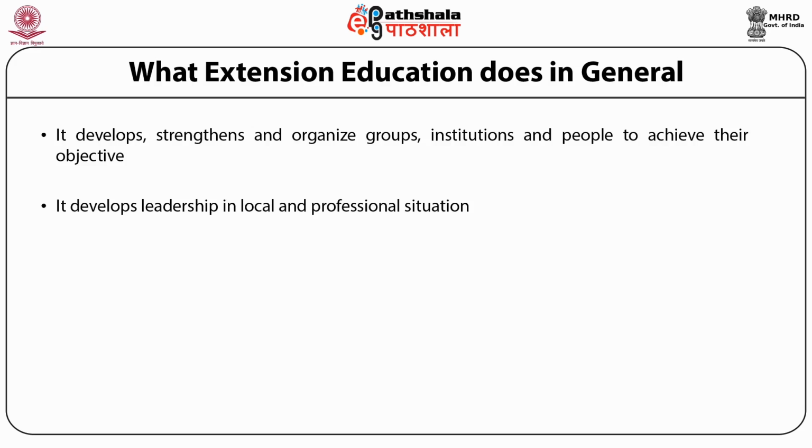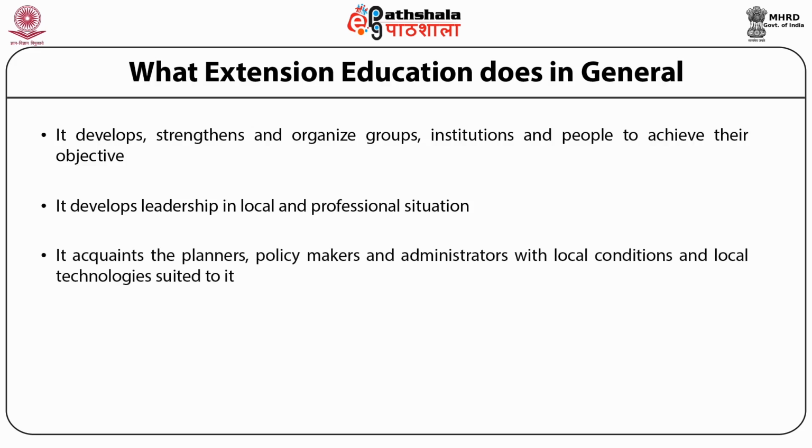The third element that we are going to discuss is it acquaints the planners, policymakers, and administrators with local conditions and local technologies suited to it. Extension believes in establishing strong forward as well as backward linkages with institutions and end users. Providing feedback to the research and extension agencies, and front feeding of appropriate information to the interested target groups are the key issues for extension educationists as well as service providers.